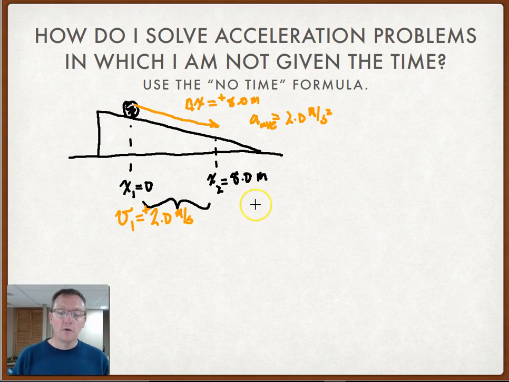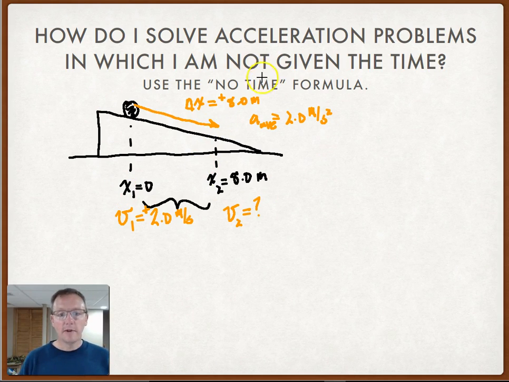Okay, so the question that I would have is how fast is the ball going right there? So how fast is asking about velocity. And so the question that I want to know is right here, what's v sub 2? How fast is it going by the time I have stopped observing it right there?